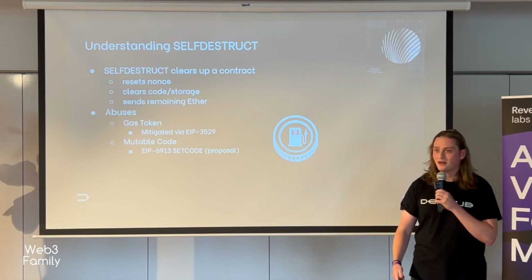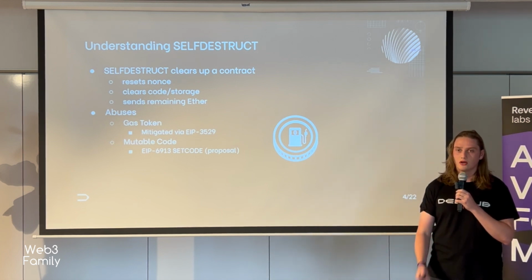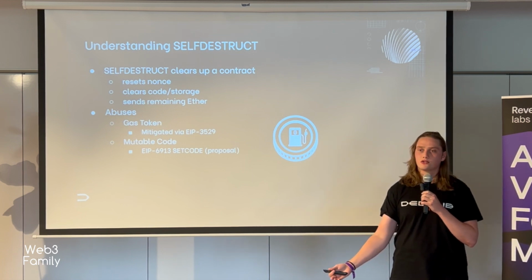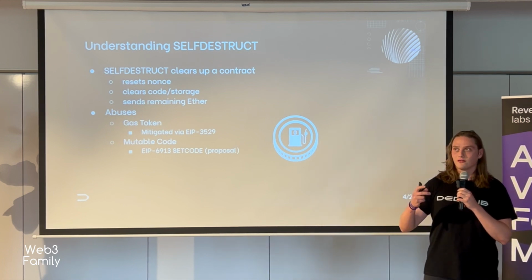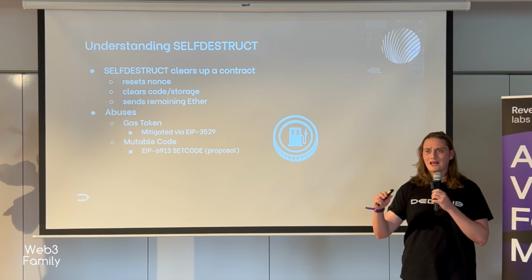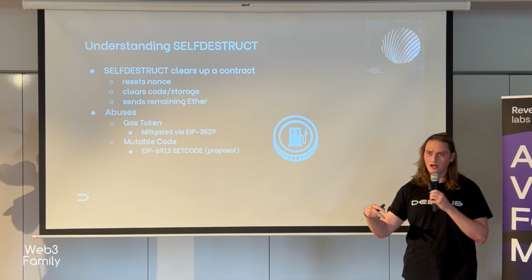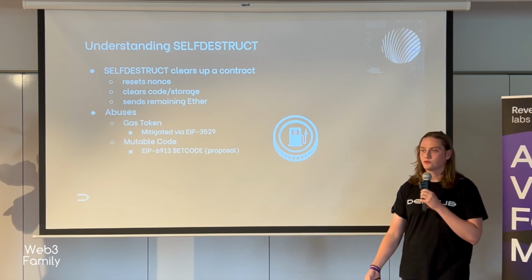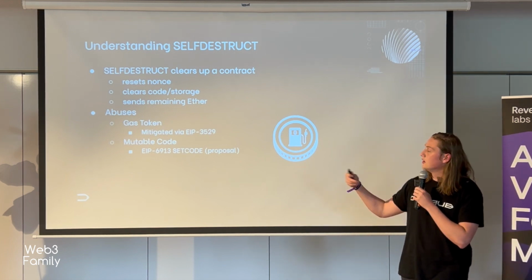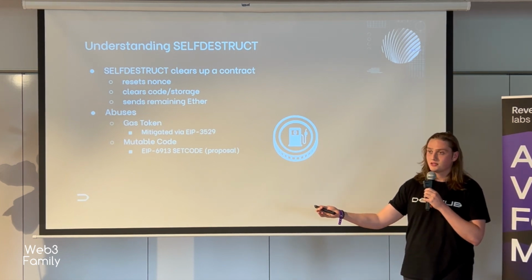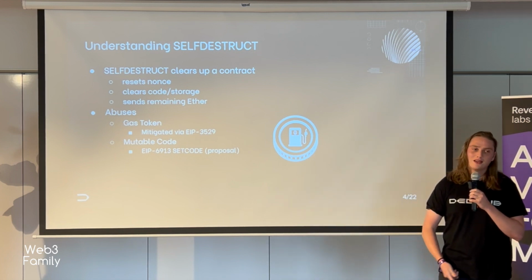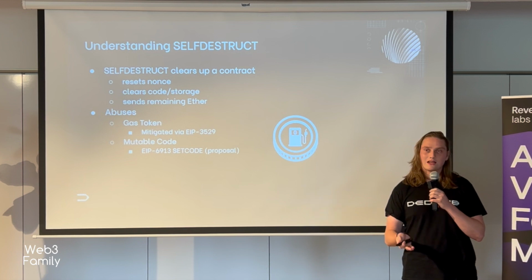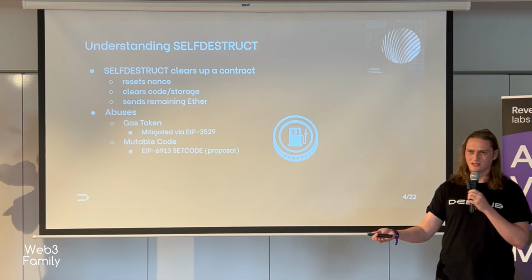A few years back there was gas token. I don't know if any of you are developers, you might remember gas token. The whole idea of gas token is you could spend gas when it was cheap and redeem it when it's high to offset future gas costs. The way this was done was by either creating a contract and then self-destructing it when gas was more expensive, or by writing to a storage slot and clearing that storage slot when gas was more expensive.